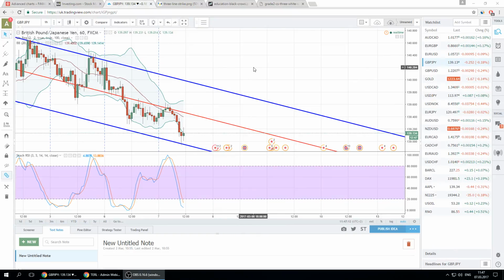And I would like to know that you are able to find them on the market, to notice them, and to open trades based on that, in order to understand the importance of these patterns and how they work.